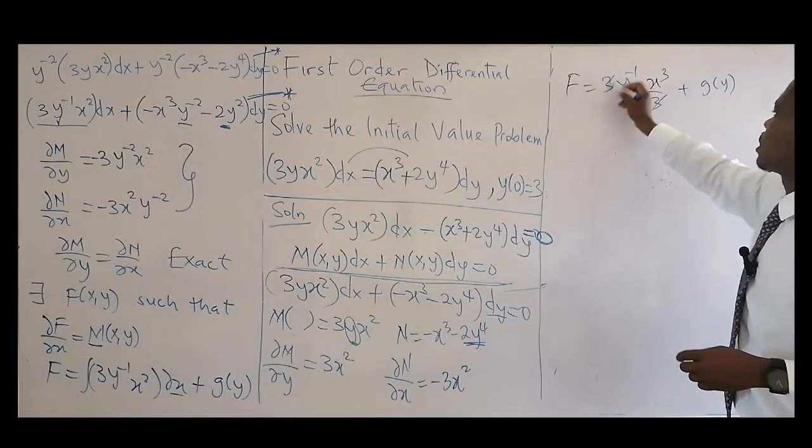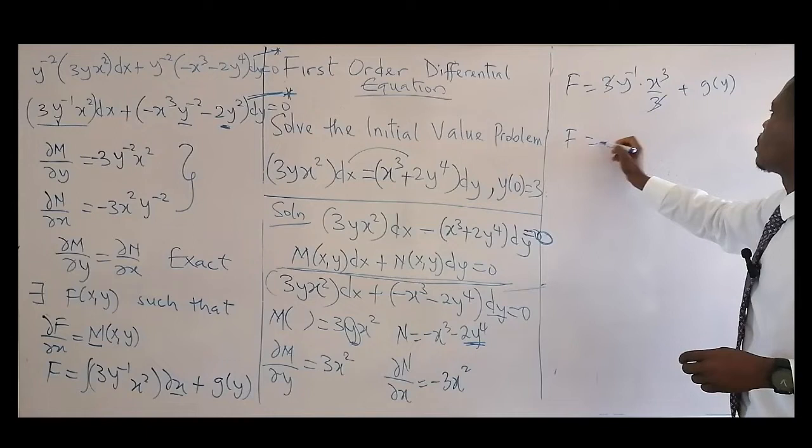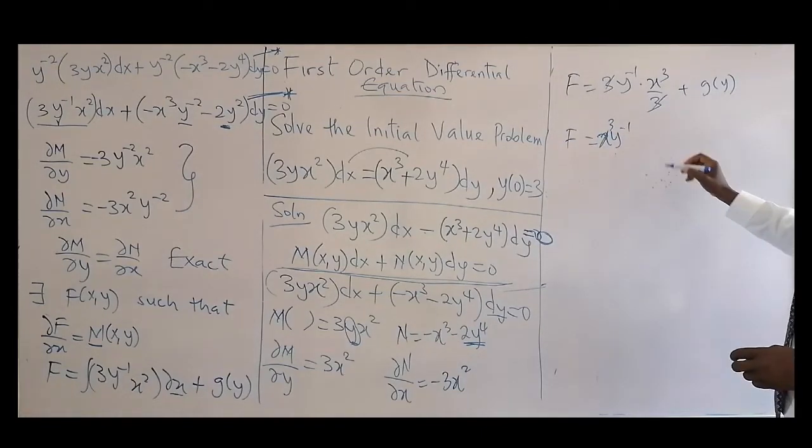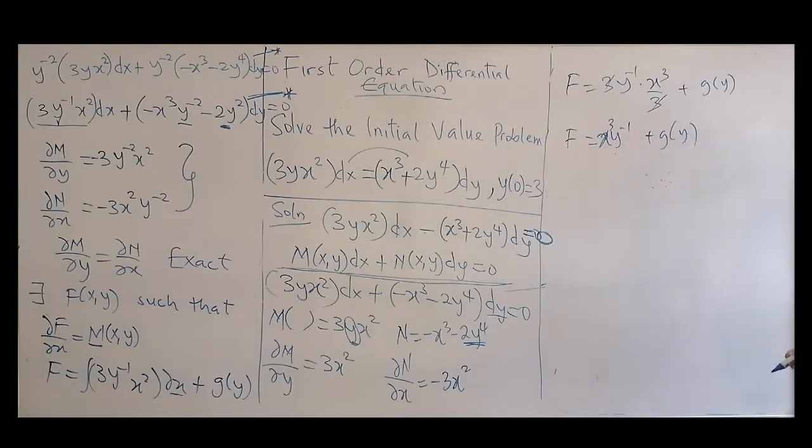So the 3 cancels here, and I have f equal to x³ y minus 1, plus g of y.